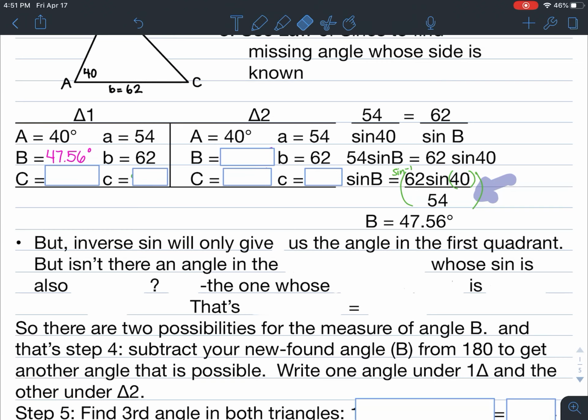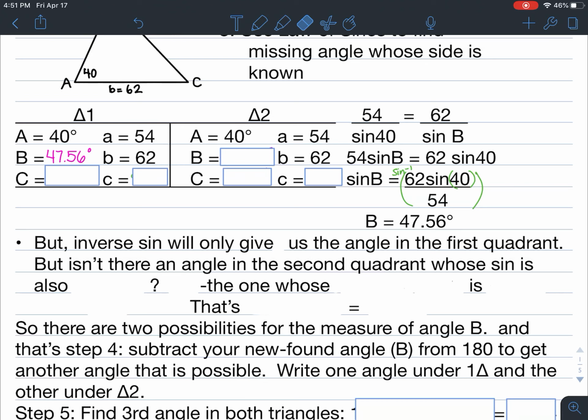Inverse sine will only give you an angle that's in the first or the fourth quadrant. So the way the calculator is programmed, it's only going to give you this. Okay, so that's fine, right? Except that there's another angle who also has a sine that's 62 times sine of 40 over 54.